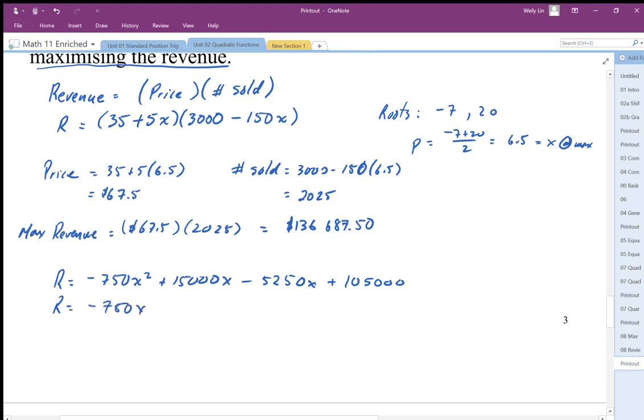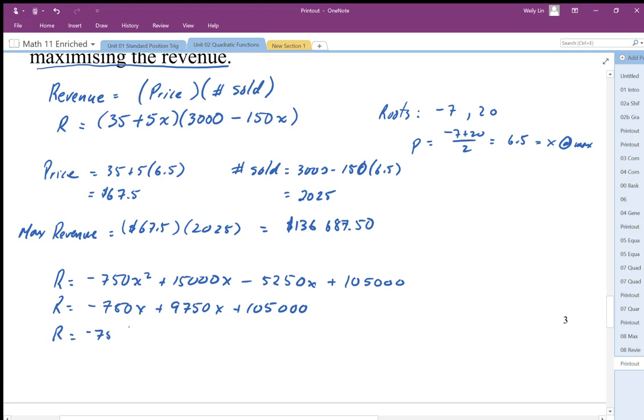So 15,000 minus 5250 is going to give me plus 9750x plus $105,000.